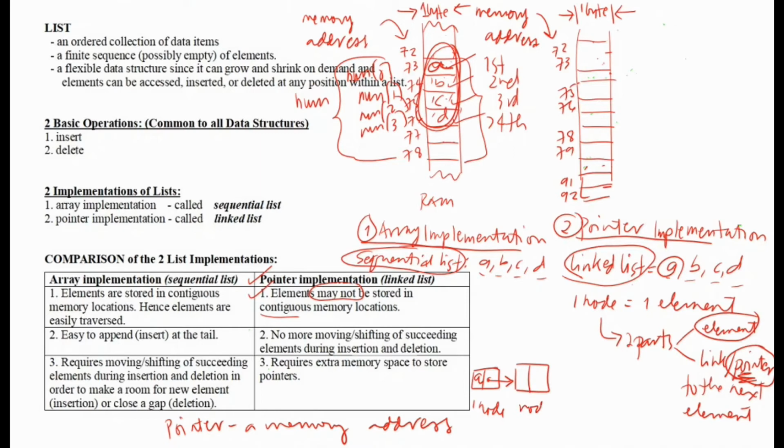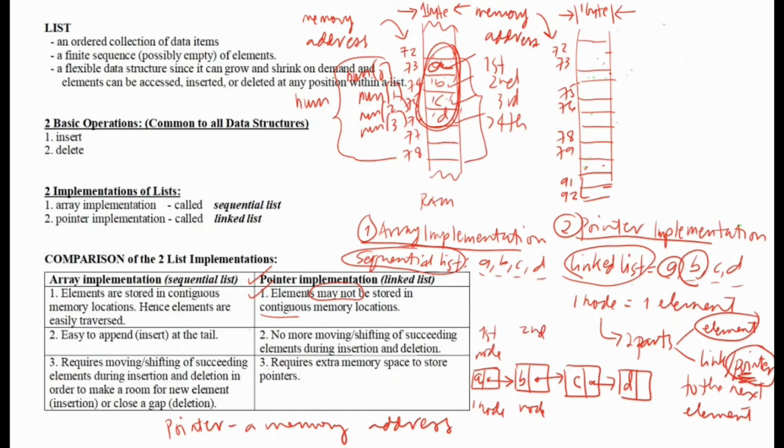This is another node that holds the value of the next element, which is B. And then the second part of this node is a link or a pointer to the next node holding the next element C. And then this one points to the next node, which holds the value of D. Okay, so this first node here holds A, the first element.